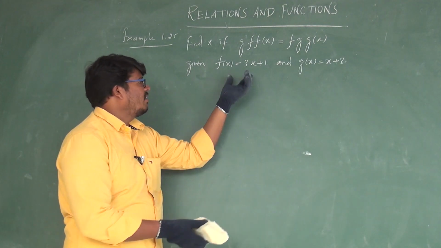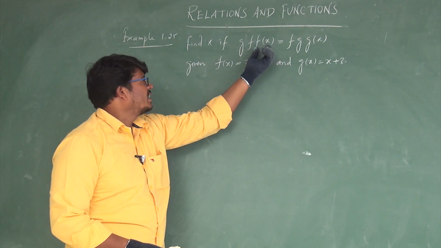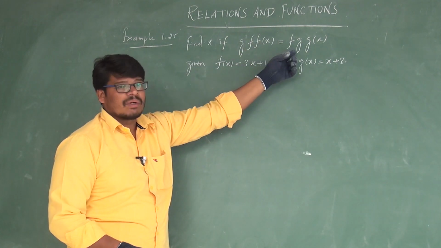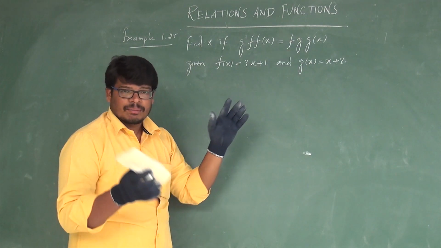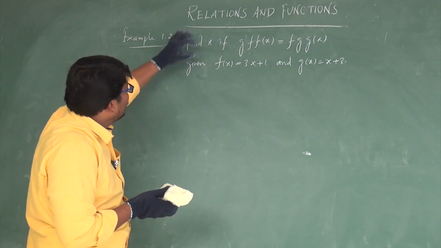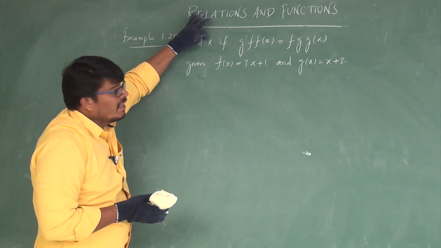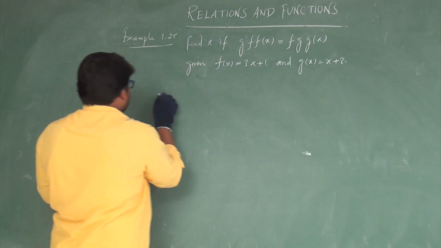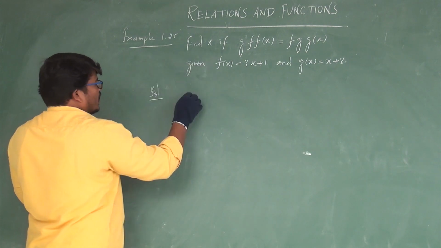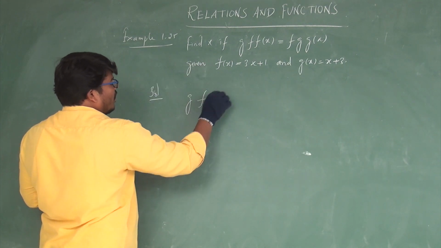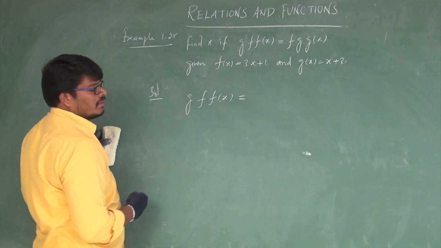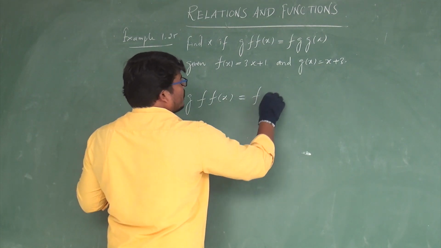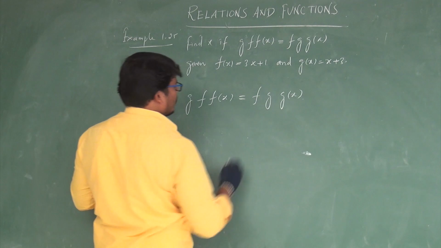Given the two functions f of x and g of x, with the condition g of f of x equal to f of g of x, find the value of x. Solution: given the condition g of f of x equal to f of g of x.